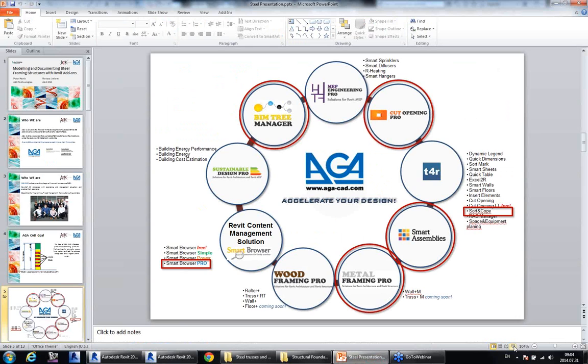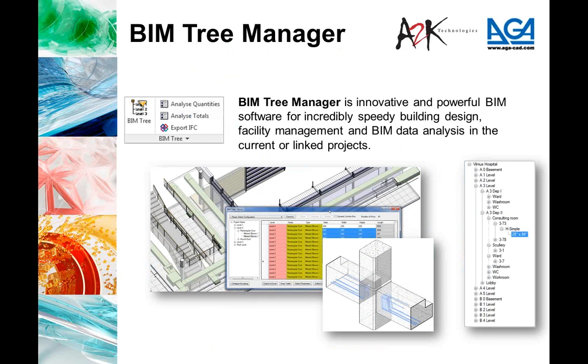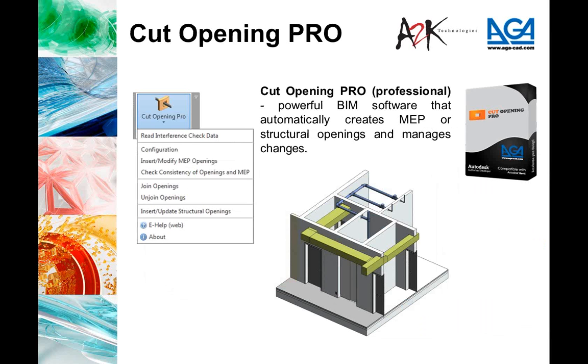Okay, so I'm coming back to my slide, and let's repeat again. So BIM Tree Manager goes for managing parameters and parameter values for the families that are already used in the object in the model. At the same time, you can distribute and insert additional elements into the project. Then Cut Opening Pro makes openings around pipes, ducts, cable trays in walls, floors, beams, and columns.